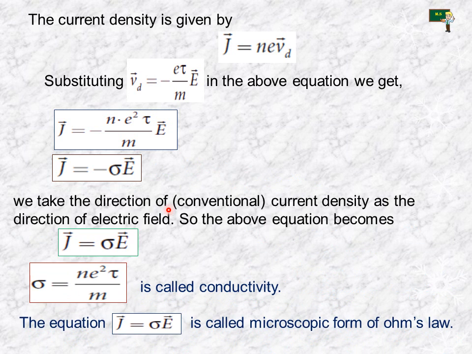We take the direction of conventional current density as the direction of electric field. So the above equation becomes J vector is equal to sigma into E vector. Here sigma, which is equal to n e square tau by m, is called the conductivity of a conductor. The equation J vector is equal to sigma E is called the microscopic form of Ohm's law.